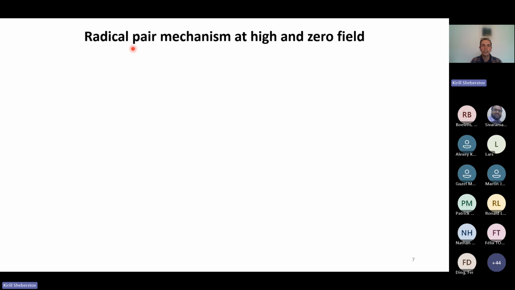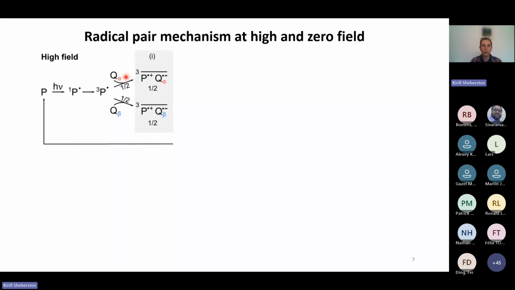So let's consider the radical pair mechanism at high field and at zero field. We will start with the high field. Normally you find a photoactive photosensitizer molecule which absorbs a photon and becomes excited. Typically we work with photosensitizers that end up in a relatively long-lived triplet state.